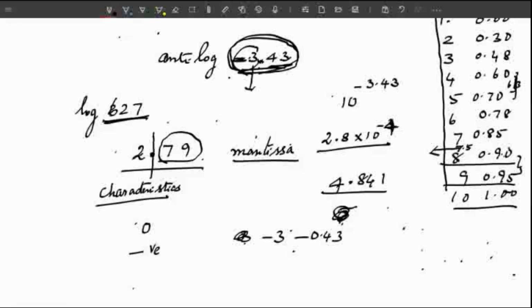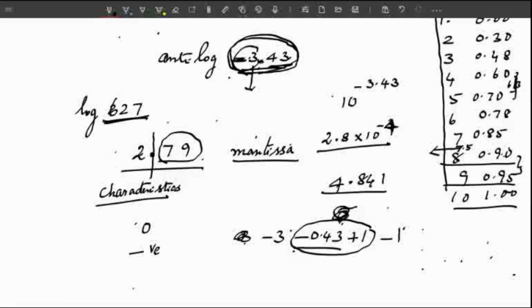I want to convert the -0.43 into a positive number, for which I am going to add 1 to this. Since I have added 1, I am subtracting 1, then only the number value would not be changed.